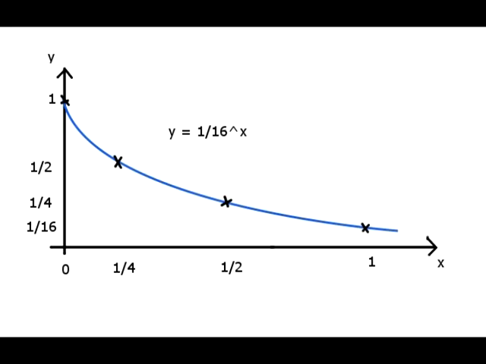We see that the value of y starts at 1 for x equals 0 and decreases as x increases. For x equals 1/4, y equals 1/2. For x equals 1/2, y equals 1/4. For x equals 1, y equals 1/16.